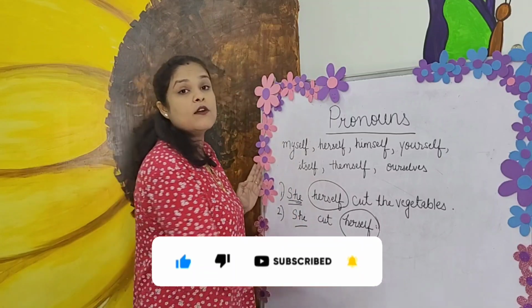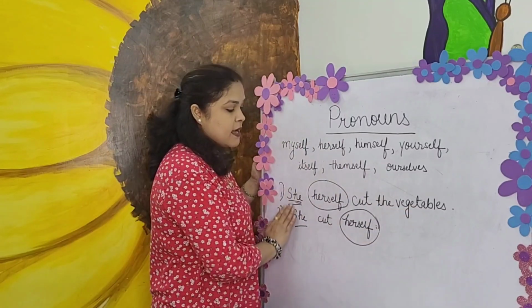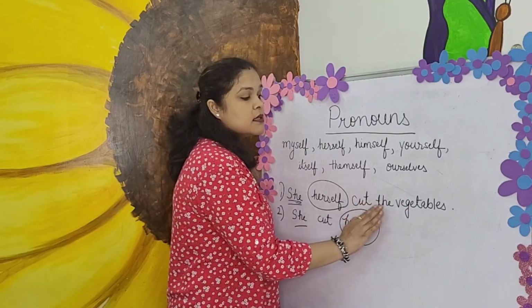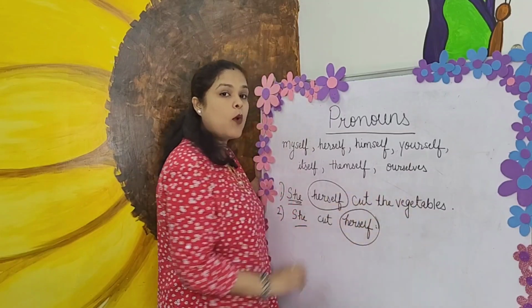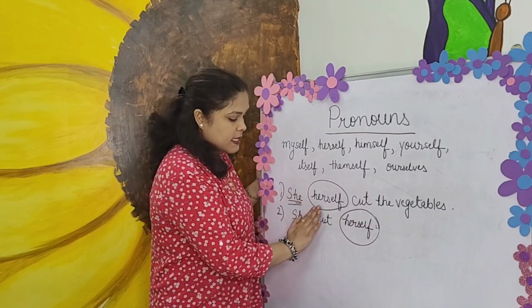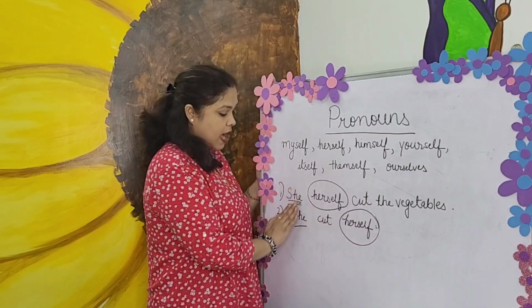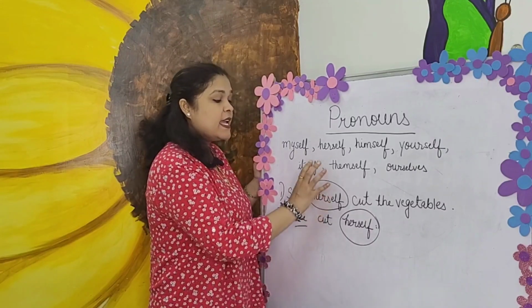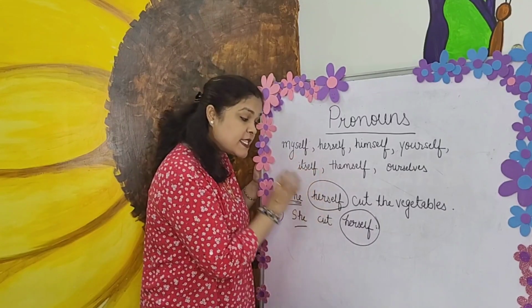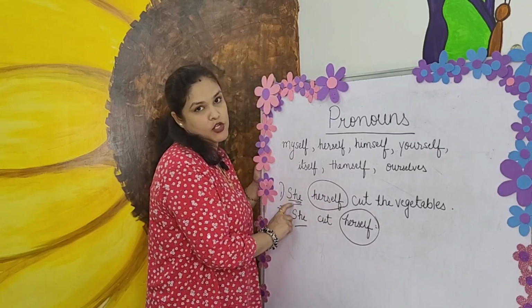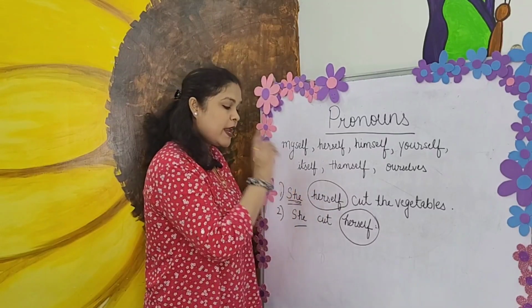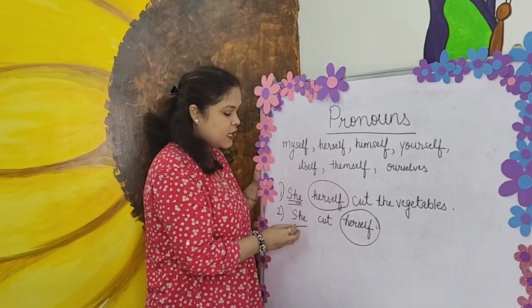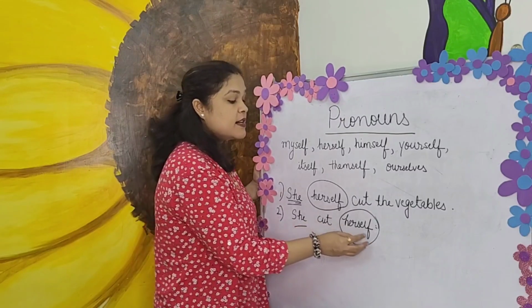If I see the first sentence, she herself cut the vegetable. What can I see? Herself is being used after the subject, which is she here, and it is basically emphasizing on the subject. Okay. Now, when you see the second sentence, she cut herself.